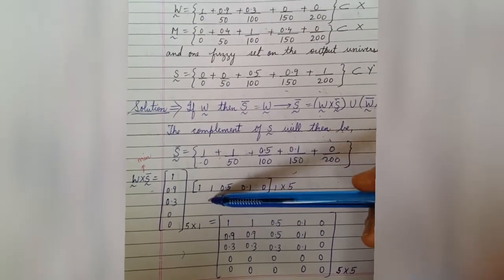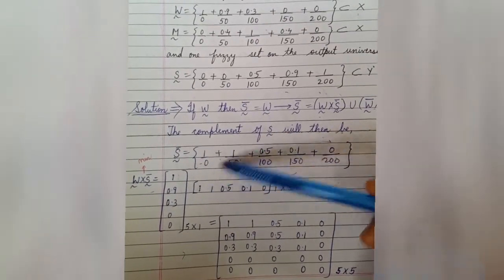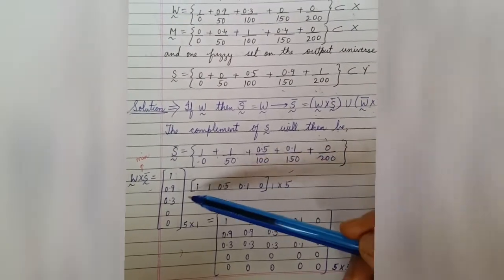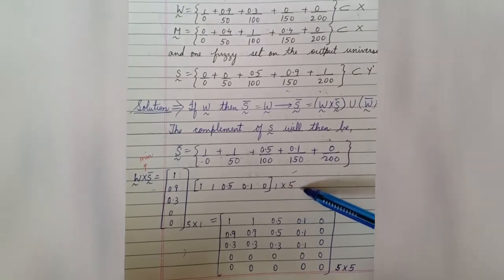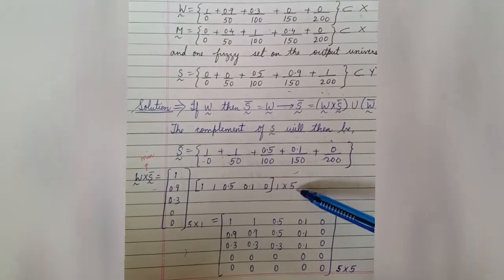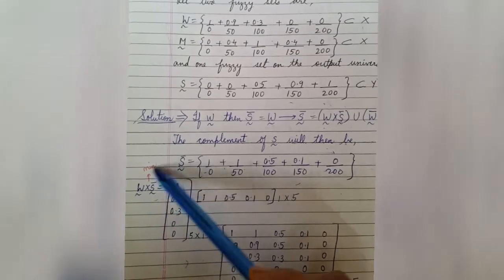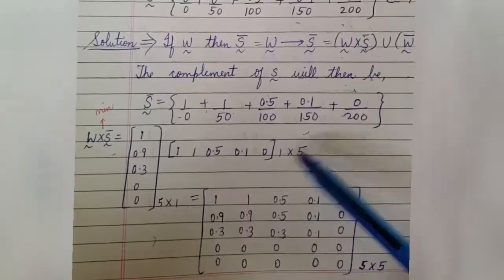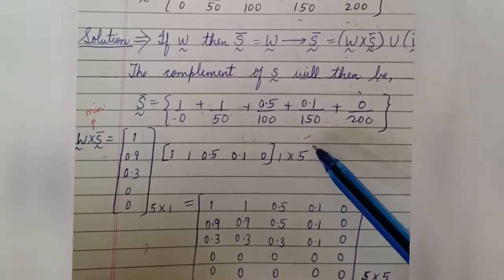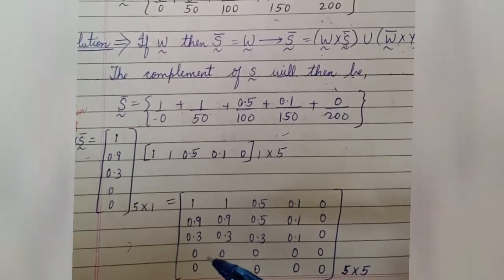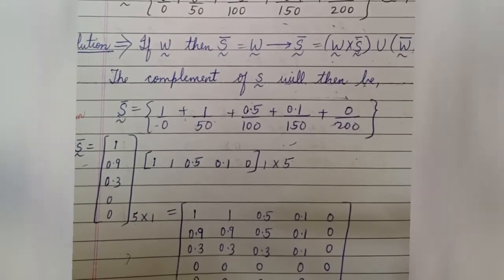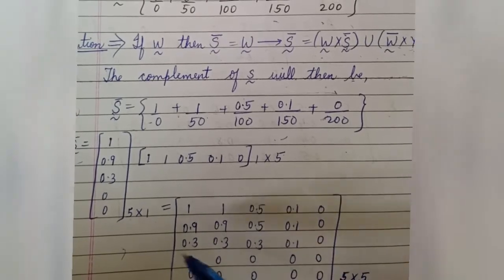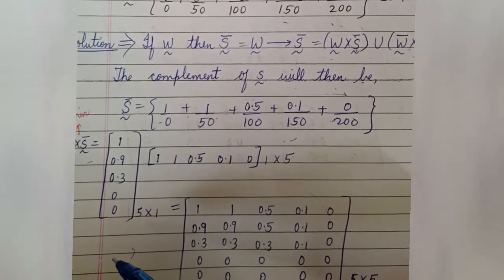Now let's write S complement: 1, 1, 0.5, 0.1 and 0. We have written it in row vector form of size 1 into 5, that is 1 row and 5 columns. So the final result matrix of this first step will be 5 into 5. In my previous videos I have already explained how to calculate the final result matrix size. Do watch my previous video.